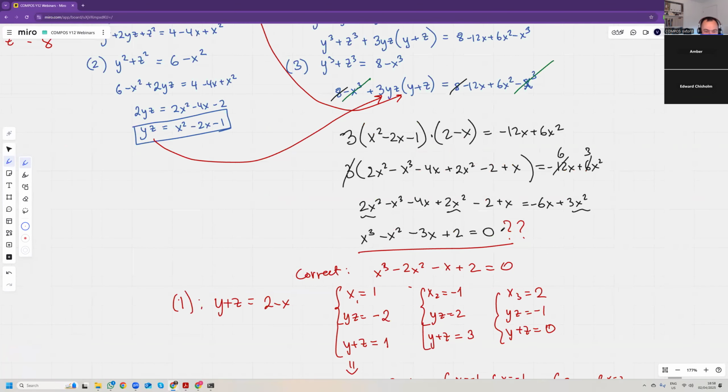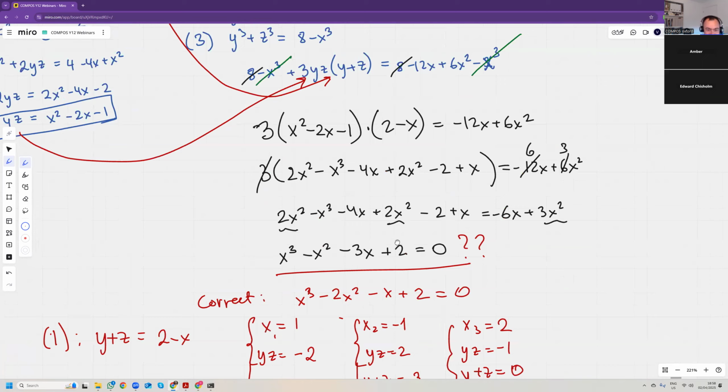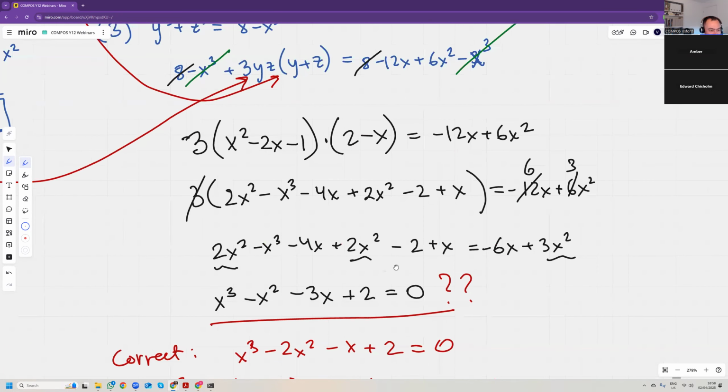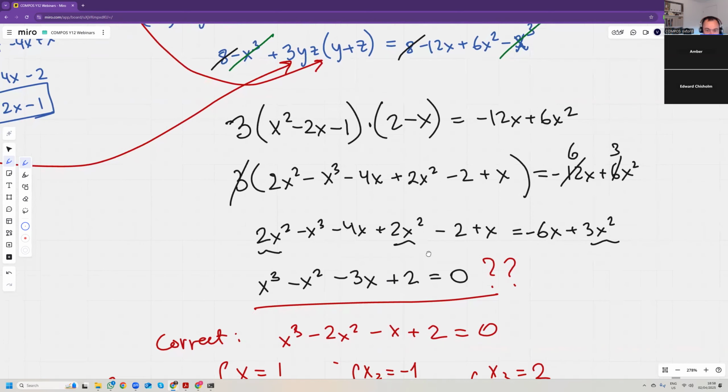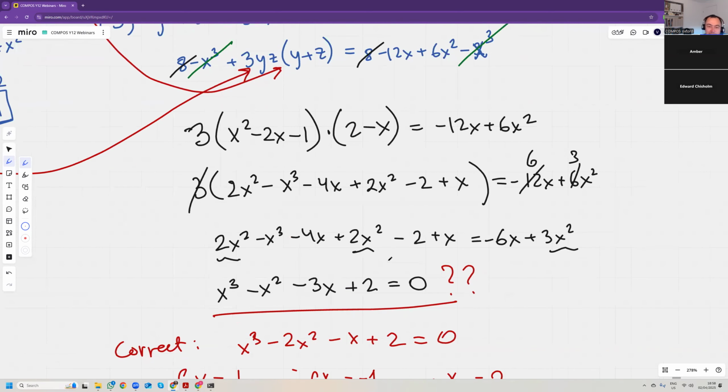Now, I don't know what happened here. I've double checked it twice, and I still, of course, I know what happened. I am very bad at dividing by 3. 12 divided by 3 is 4, and 6 divided by 3 is 2. And that is why this would be minus 4, and this would be 2.